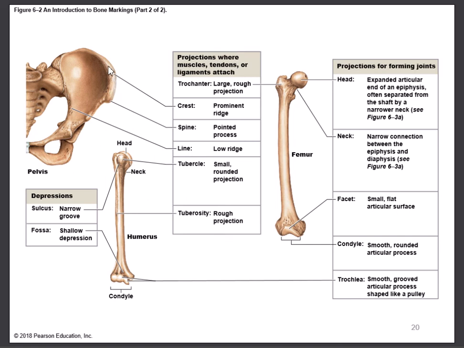It's called the iliac crest. A line would be thinner, like right over here. There's more of a raised area, but it's a line right there. That would be a lower ridge. So think of a crest and a line as being the same thing. It's just that the crest is more prominent and the line is going to be lower.